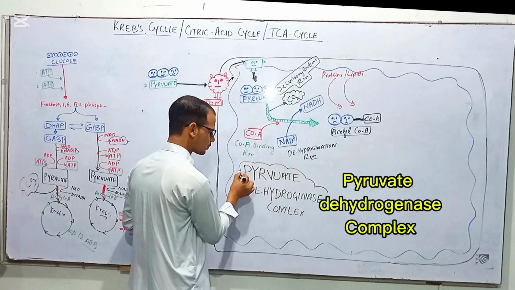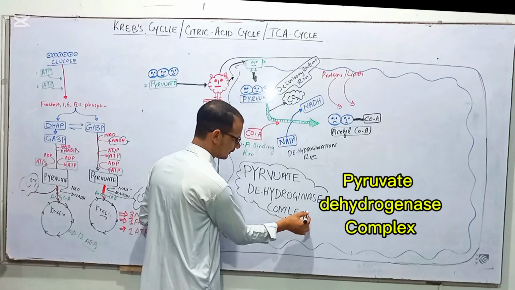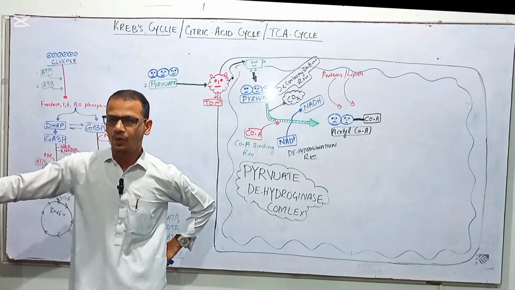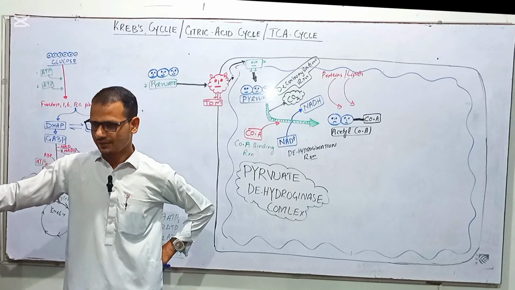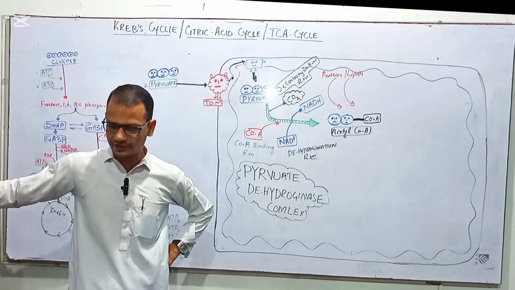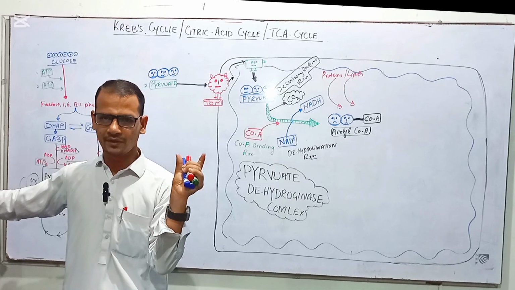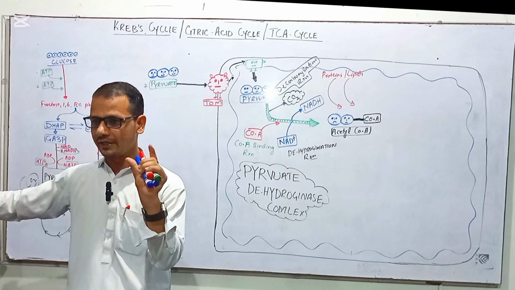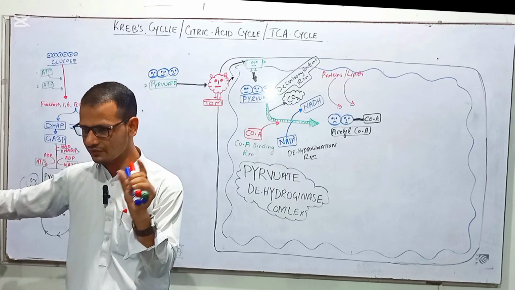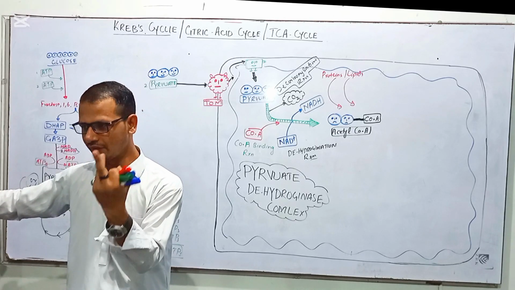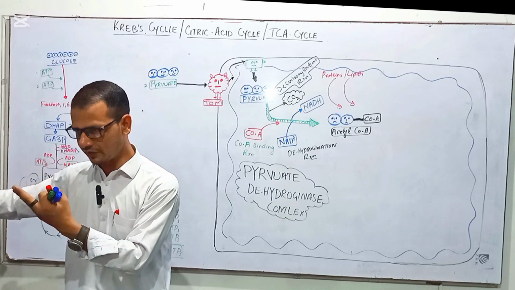The enzyme which is working in this reaction is the pyruvate dehydrogenase complex. Why is it called a complex? It means that there are some units which combine and form this enzyme, and initially it has three components. This enzyme, pyruvate dehydrogenase, has three components: E1, E2 and E3.